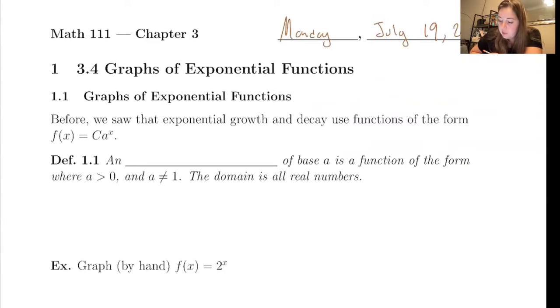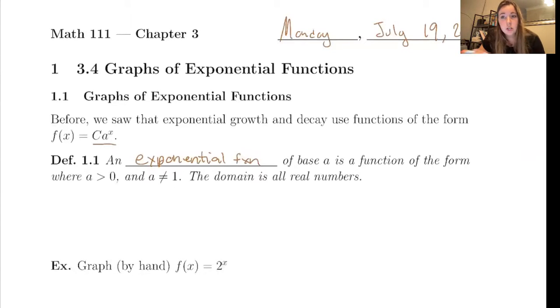So before we saw the exponential growth and decay use functions of the form f of x equals c a to the x, right? So an exponential function, or a shorthand function with an x, of base a is a function of the form where a is greater than 0 and does not equal 1.